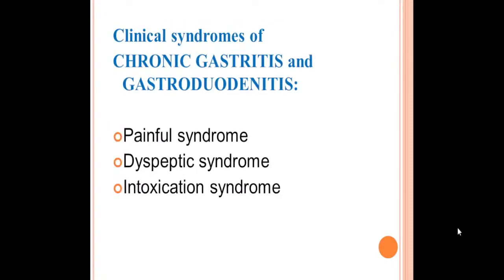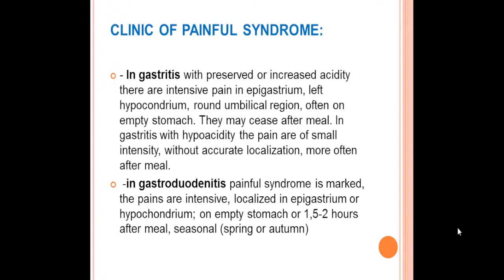What clinical syndromes may occur in chronic gastritis and gastroduodenitis? Any gastrointestinal tract disease presents three syndromes: painful, dyspeptic, and intoxication. Pain syndrome in gastritis is characterized as follows. In gastritis with preserved or increased acidity, there is intensive pain in the epigastrium or left hypochondrium, or around the umbilical region, often on an empty stomach.